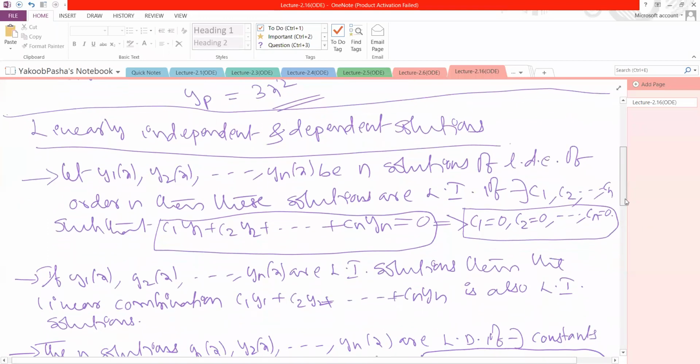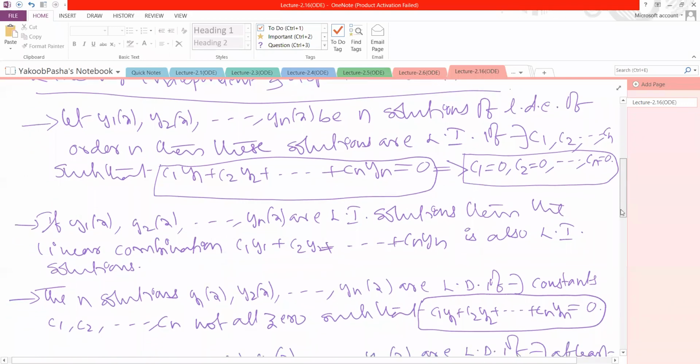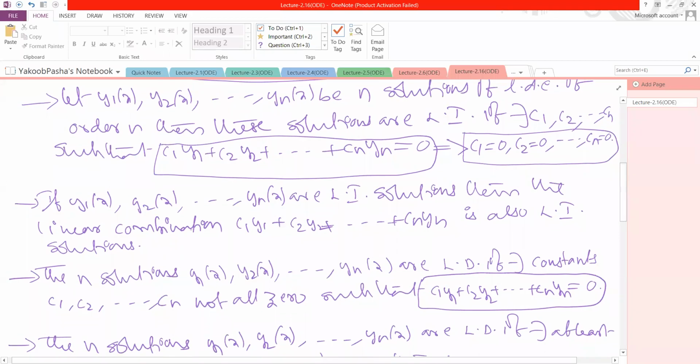In this case we say that the solutions are linearly independent solutions.